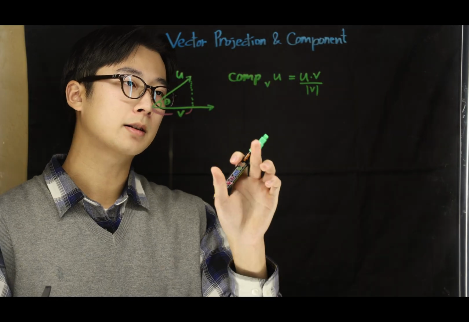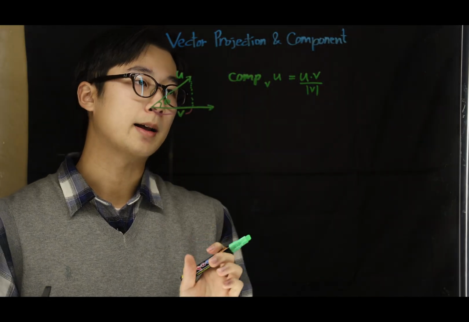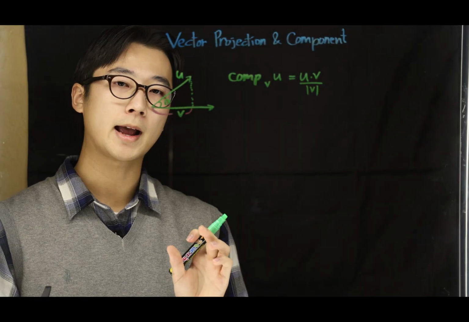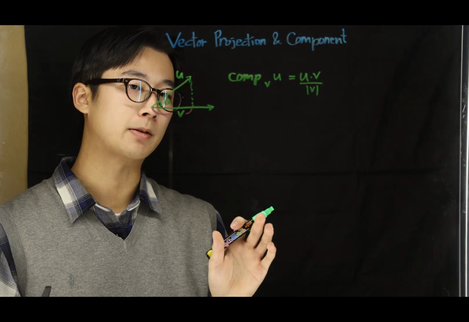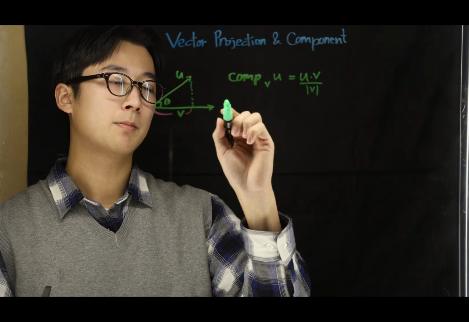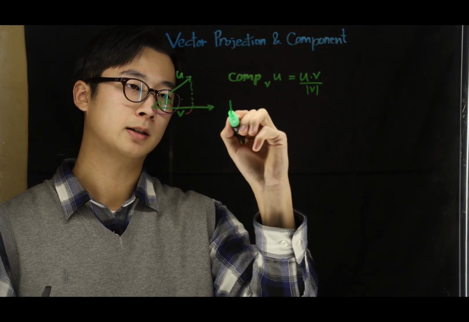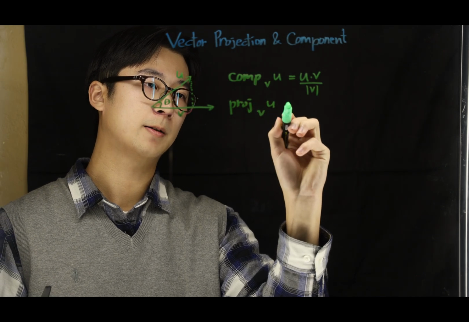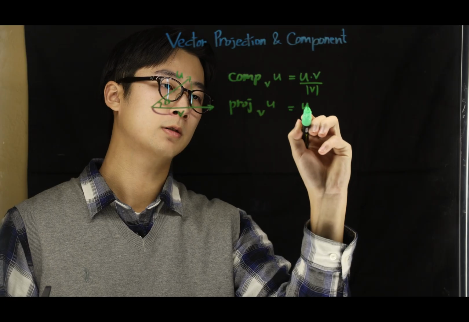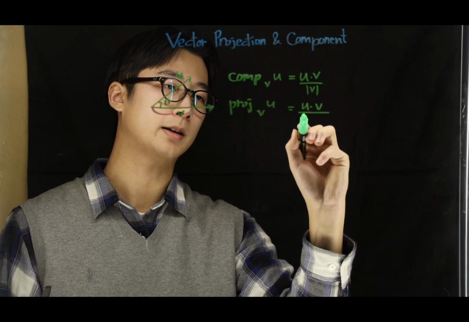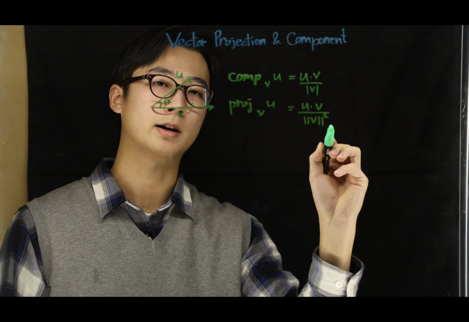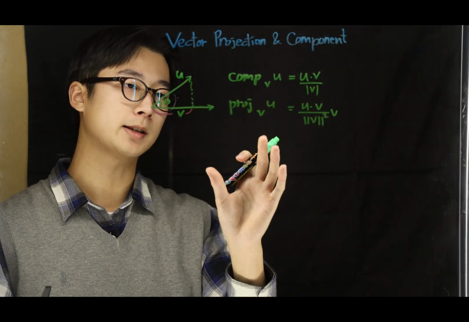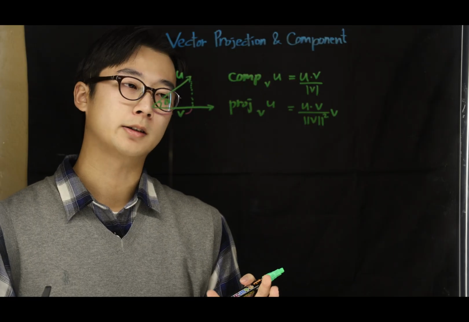So basically you can think of it as the vector u dotted with the unit vector of v, which has the magnitude of 1 but the same direction as the vector v. But the projection of vector u onto v is equal to u·v over the magnitude of v squared, times v.